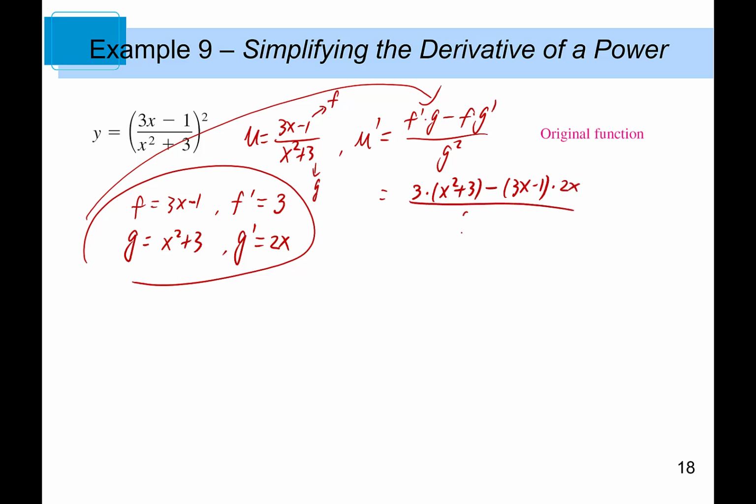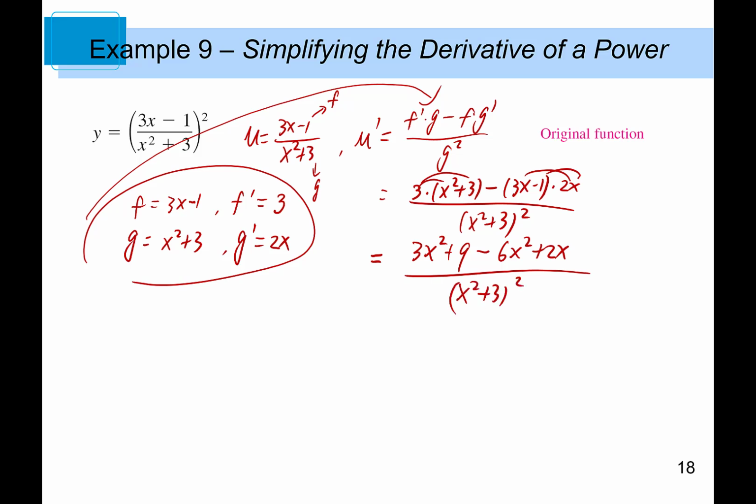And g squared is x squared plus 3 to the second. And let's just distribute it. Okay, so 3x squared plus 9 minus 6x squared plus 2x over x squared plus 3 to the second.